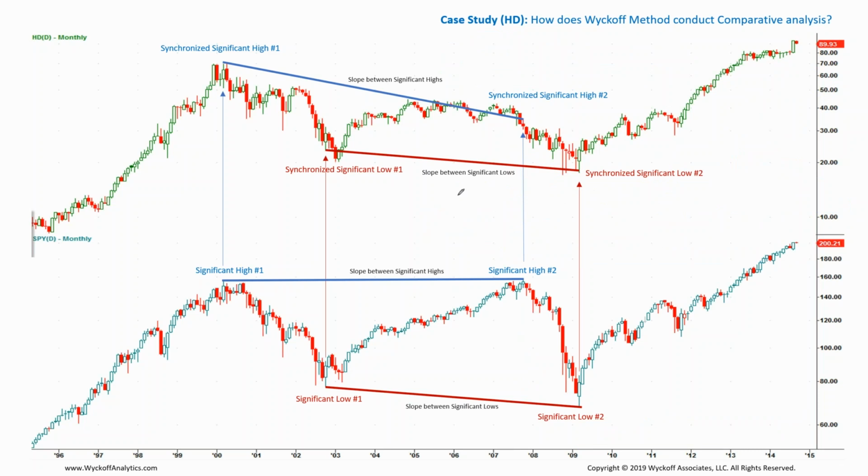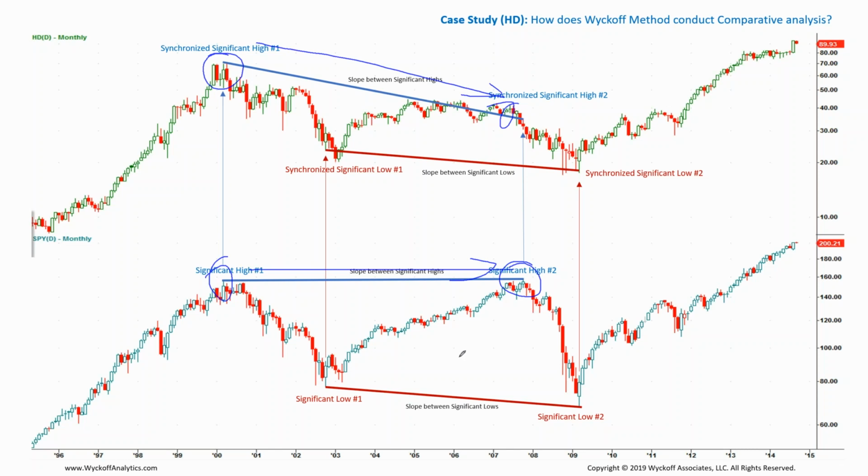So what was Wyckoff looking at? He said to measure this, the outperformance by the stock against the market, we have to compare significant highs, synchronize them, and then look at the next significant high. And look at the slope for the stock and look for the slope for the market.